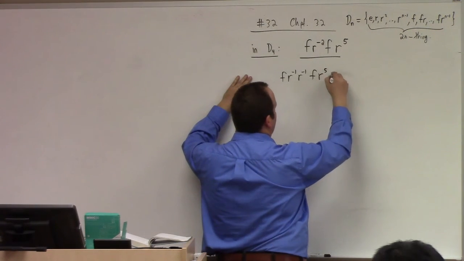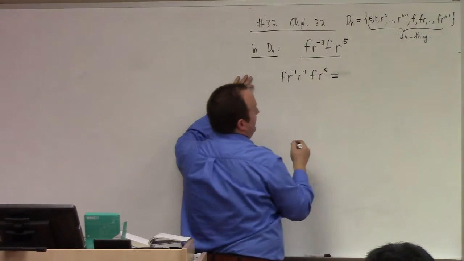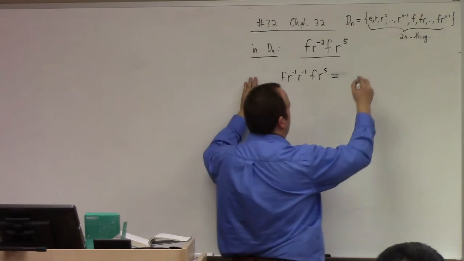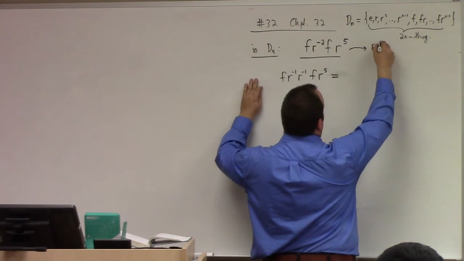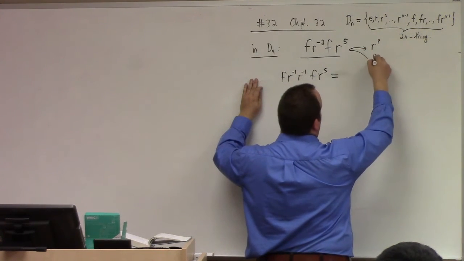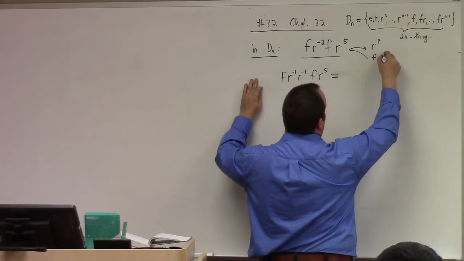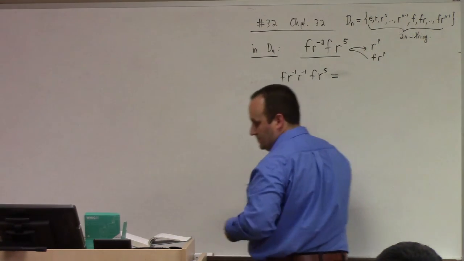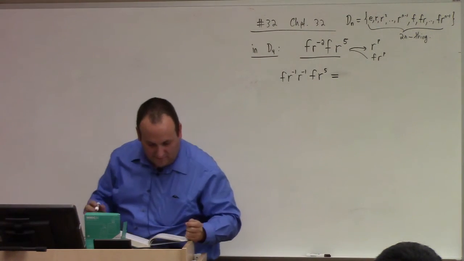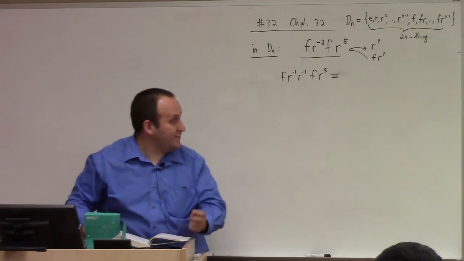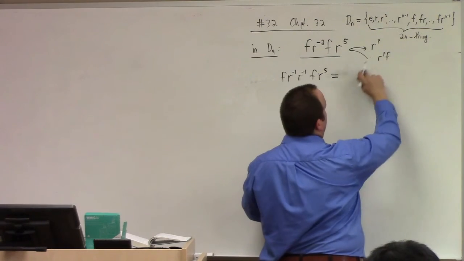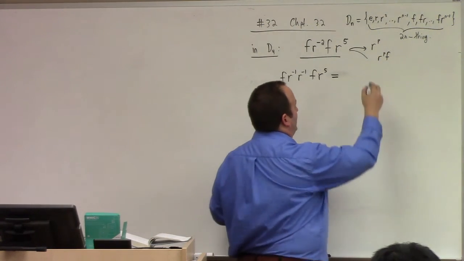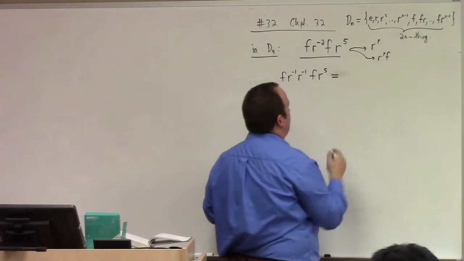So our goal is to rewrite this either as R to some power, or as F times R to some power. That's our instructions here. Oh, I'm sorry, he puts the F on the other side. You could go either way. So I will try to follow instructions here and put the F on the other side. How do I do that then?